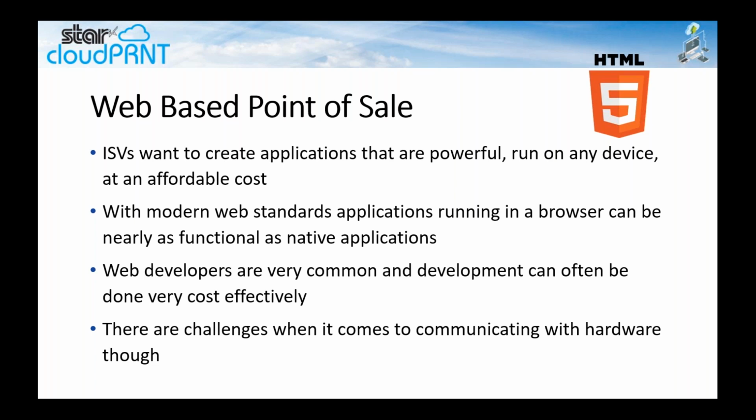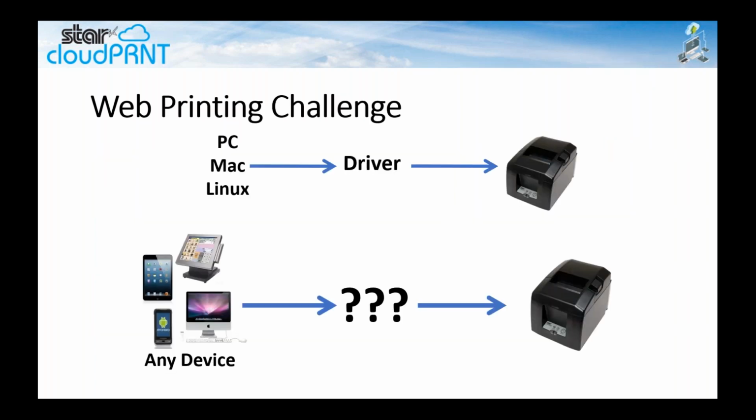But there have been a lot of challenges when it comes to communicating with hardware from web-based applications. So the challenge today is, how do I do that? On a PC, Windows PC, Mac, Linux, we've been doing that for a lot of years. We've had web-based applications, especially in the service industry where you're doing scheduling and things like that.